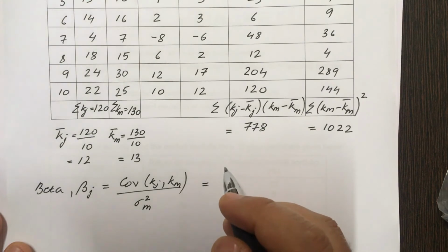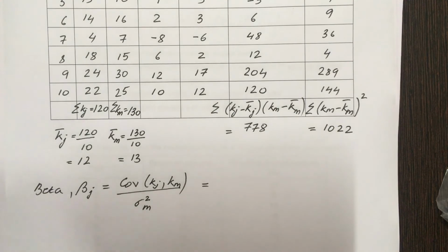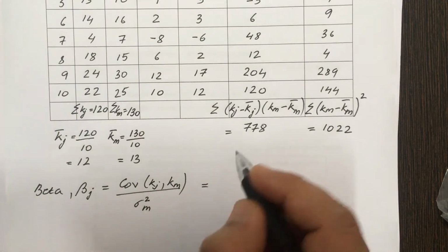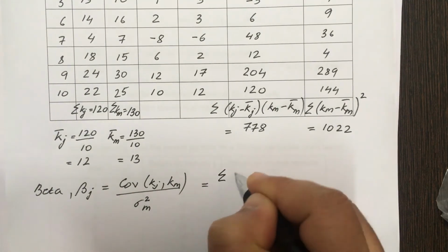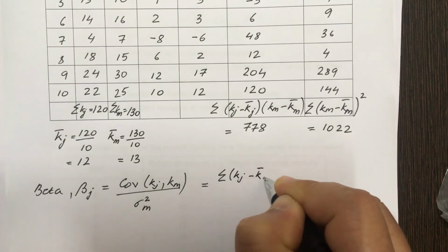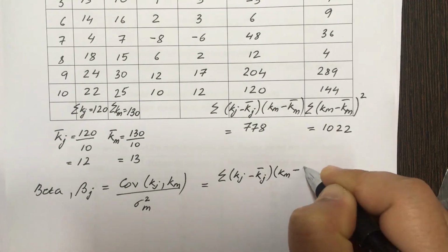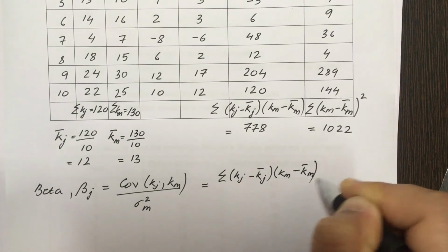So this part will be nothing but all you have to do is find out what is summation of Kj minus K bar j into Km minus K bar m.